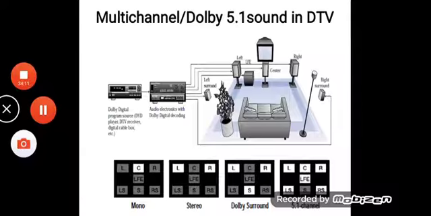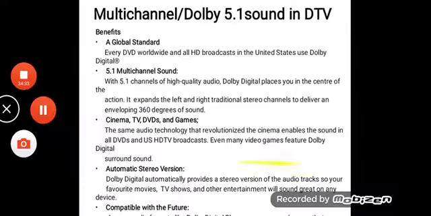For example, it captures the left, right, then the center, then the side of the left, the surround of the left, the surround of the right, and then the LFE also, and then it ensures that for the entire frequency spectrum of that audio signal, it goes for processing each signal with variation in its frequency.